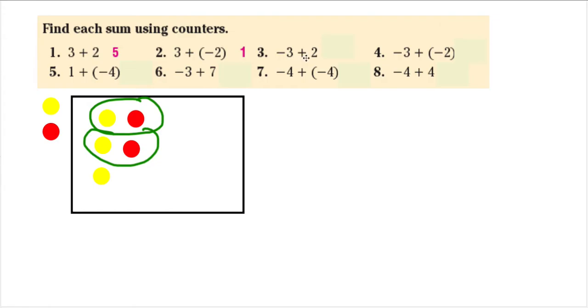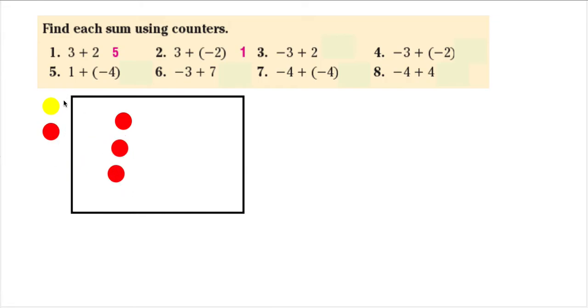Negative 3 plus 2. So if you want to do that one, just get rid of all of these. Okay, so we have negative 3 plus 2. We start with 3 negative counters, 2 positive counters.